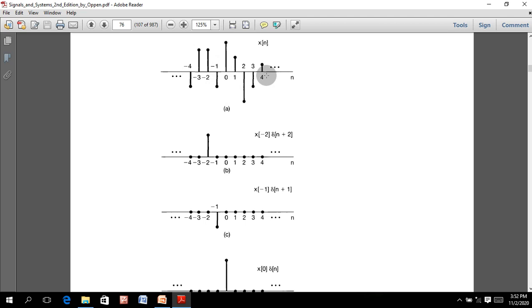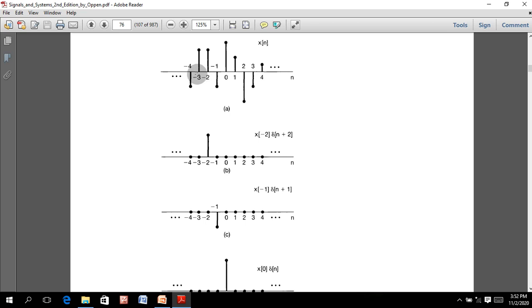Each signal, suppose this signal can be written as x of minus 4 into del of n plus 4. This signal can be written as x of minus 3 into del of n plus 3.